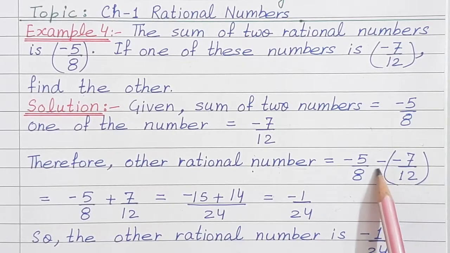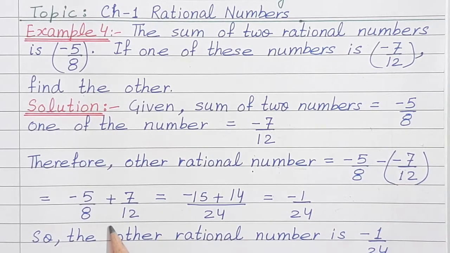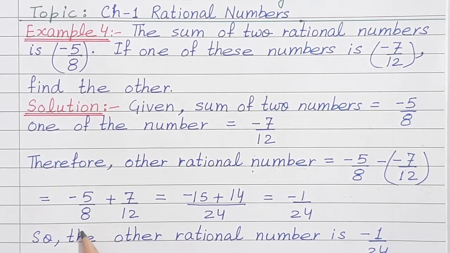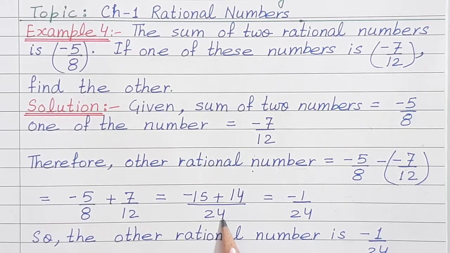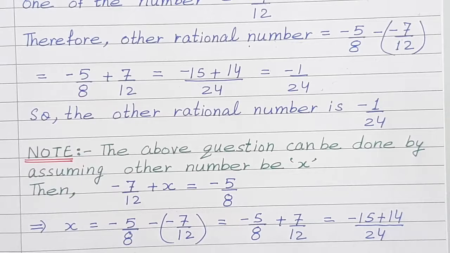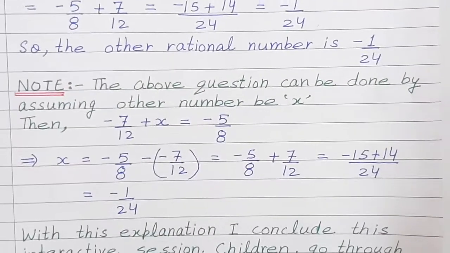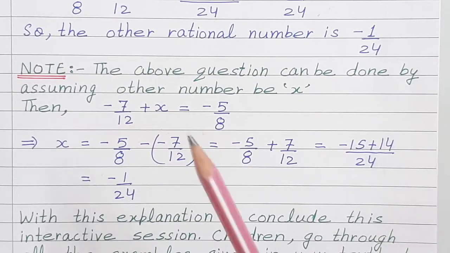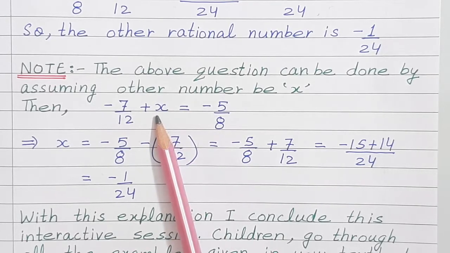So minus and minus will become plus. So here it is minus 5 upon 8 plus 7 upon 12. Now the LCM of 8 and 12 is 24. So the answer is minus 1 upon 24. So the other number is minus 1 upon 24. But students, we can do the same question by assuming the unknown number as x.